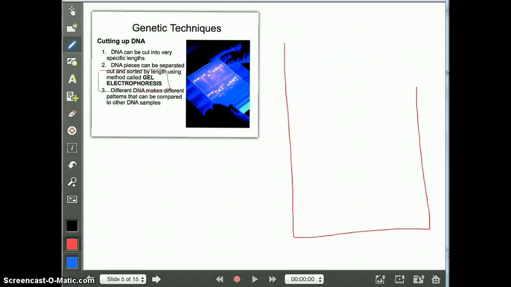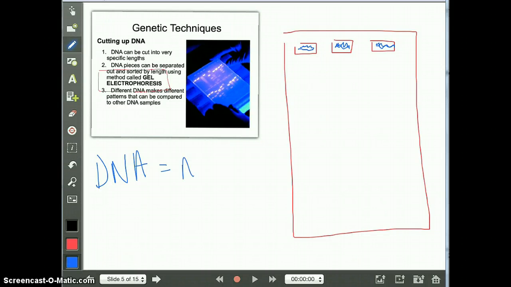I've got this tray here, and I've got these wells that I'm going to put somebody's samples in. Okay? Now, if I put DNA into those little samples, some sort of a solution in those little samples, I want to start to separate out all of the different genes or strands that I have in there. Now, how do I do it?